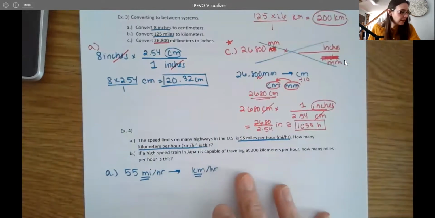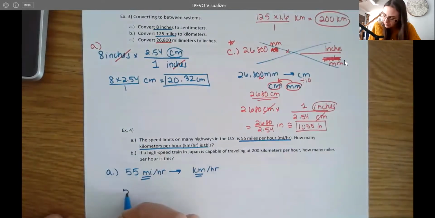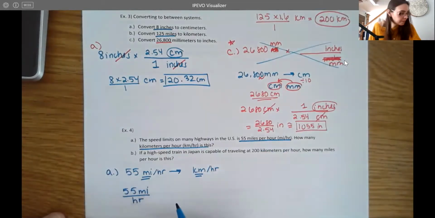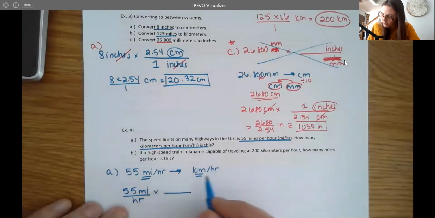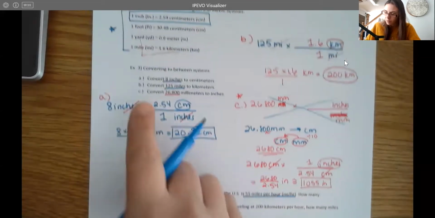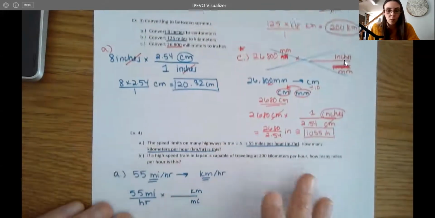So I'm going to go ahead. I have 55 miles per hour. Okay. And I'm going to go ahead and multiply that. Now my conversion is miles, and then I want to go to kilometers. So it's 1.6 kilometers to 1 mile.